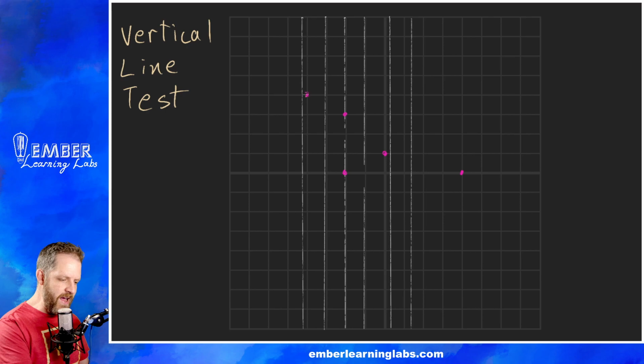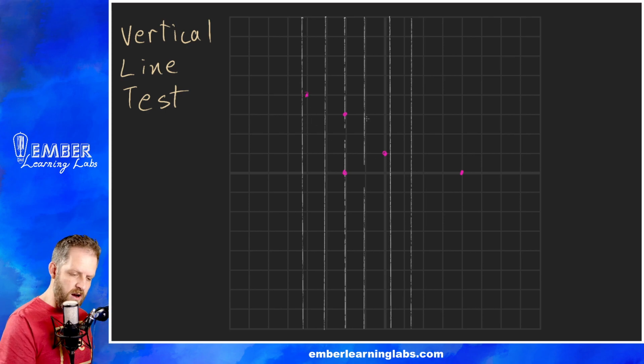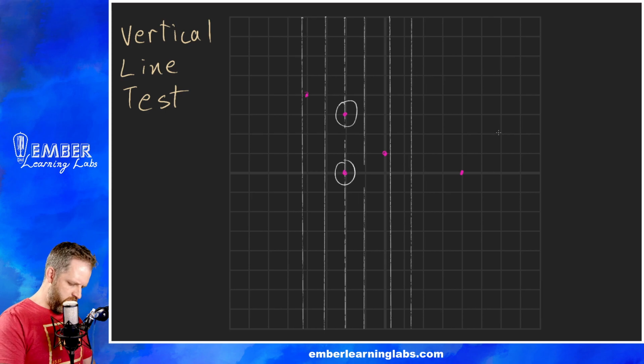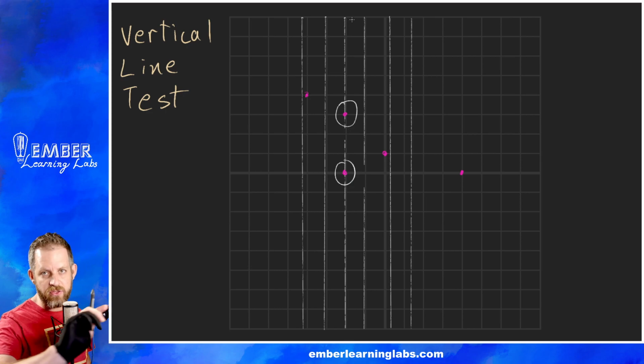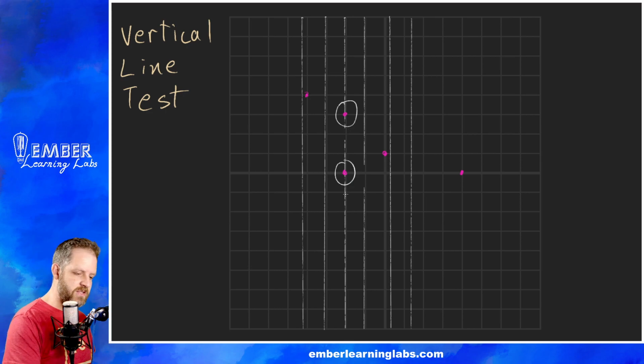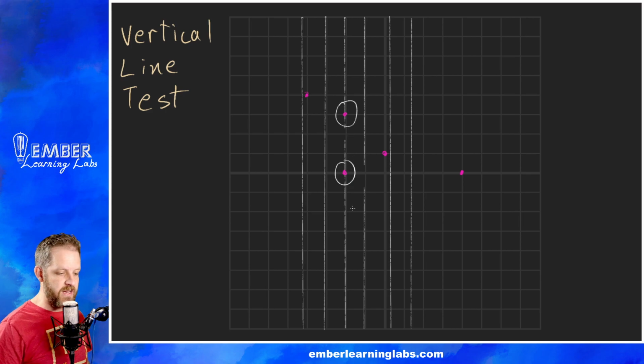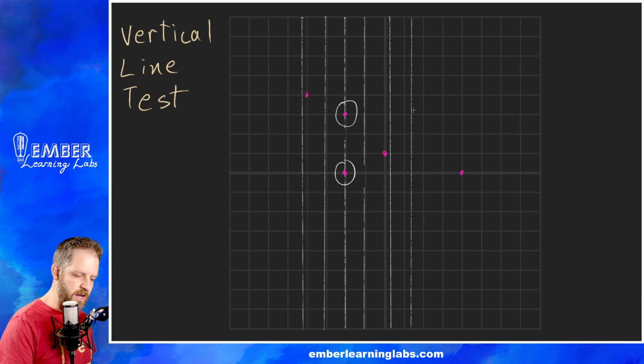So see, this fails the vertical line test because of this one and that one. Those 2 points, as we're passing this vertical line through, it touches the vertical line twice. So this pink one now fails the vertical line test, which means that this pink one is not a function.